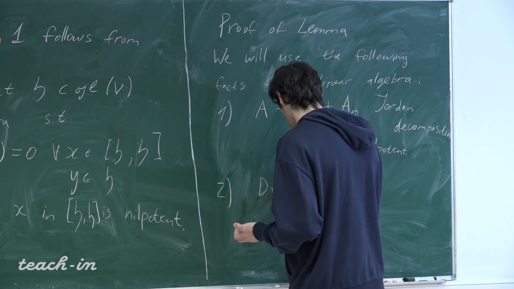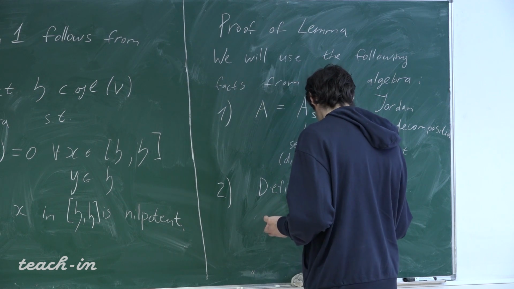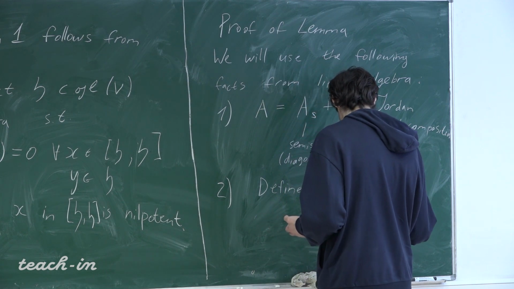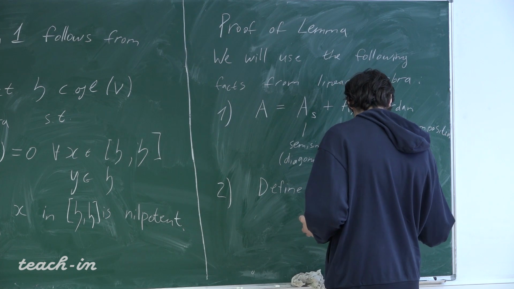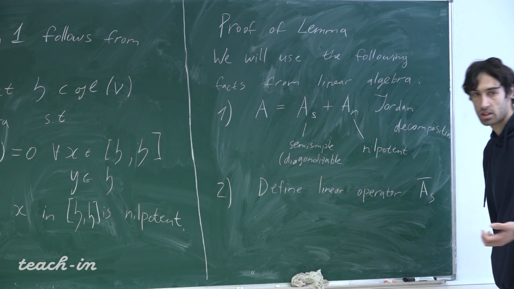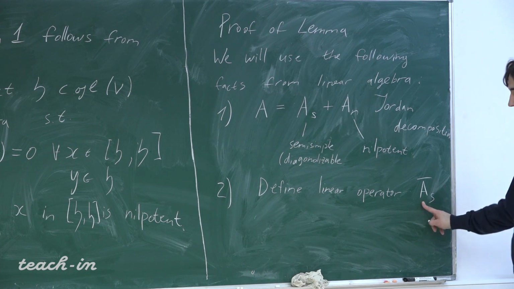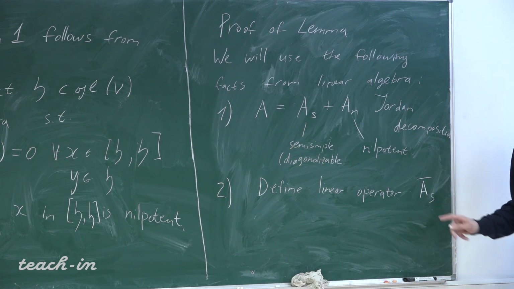Linear operator AS conjugate. So this is just a notation. How do I define it?